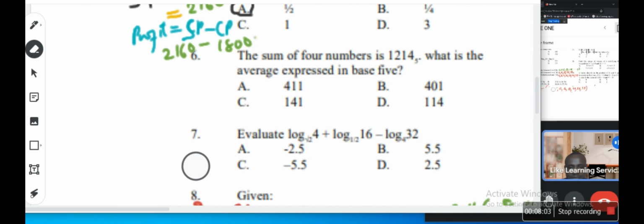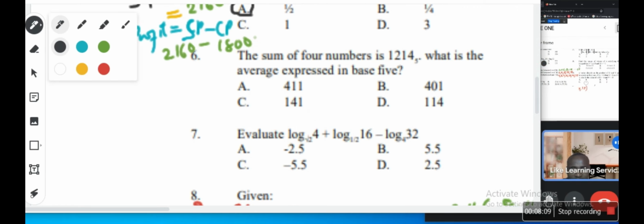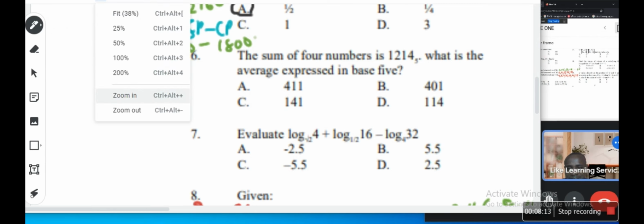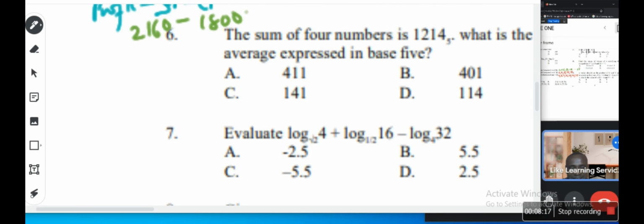Question number 7 reads log in base 2. No, that's square root of 2. Log in base square root of 2. Wow, this question is really crazy. They really made it hard. I'm just saying that it's log in base square root of 2. That's root 2 there.